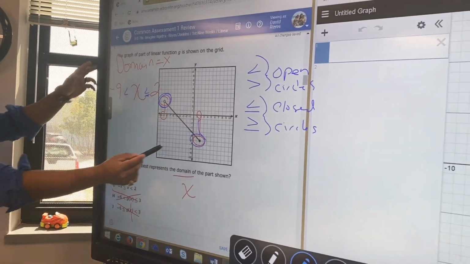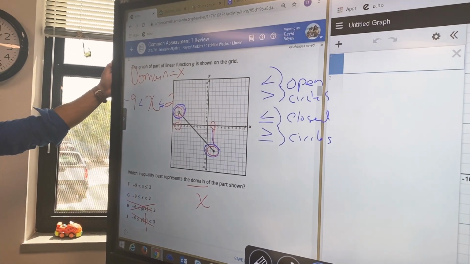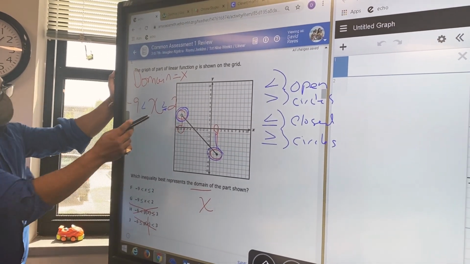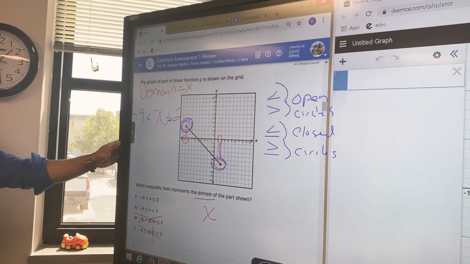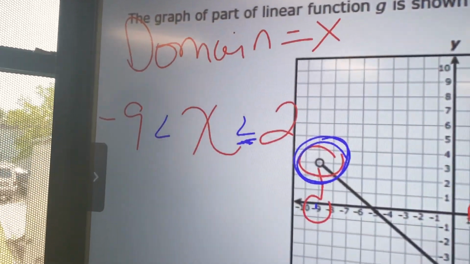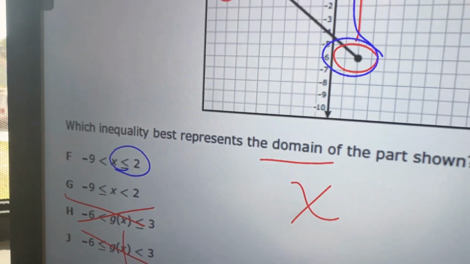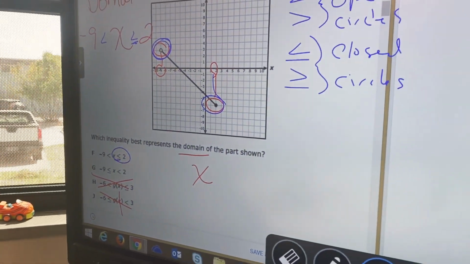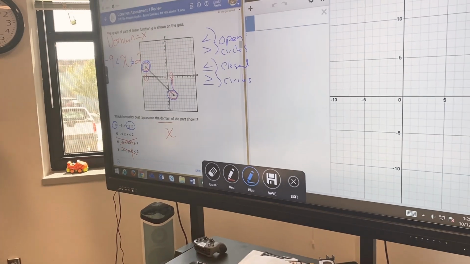Closed circle at 2, that less than or equal to is with the 2. Open circle at -9. There is no bar underneath it. All right, any questions? What's my answer here? F. Okay? Remember, the inequality sign equal to has to be with the 2. F is the answer. Any questions?